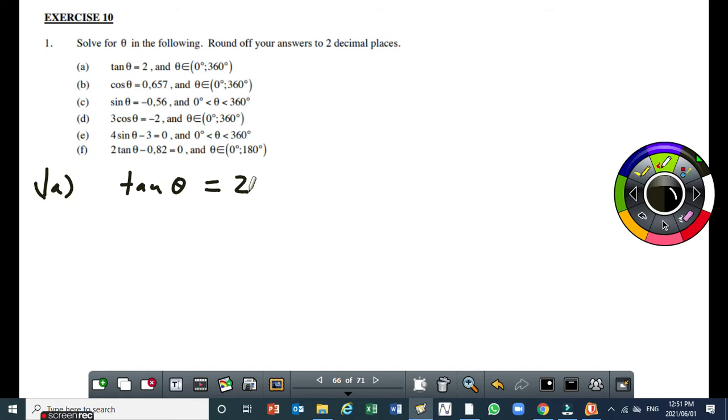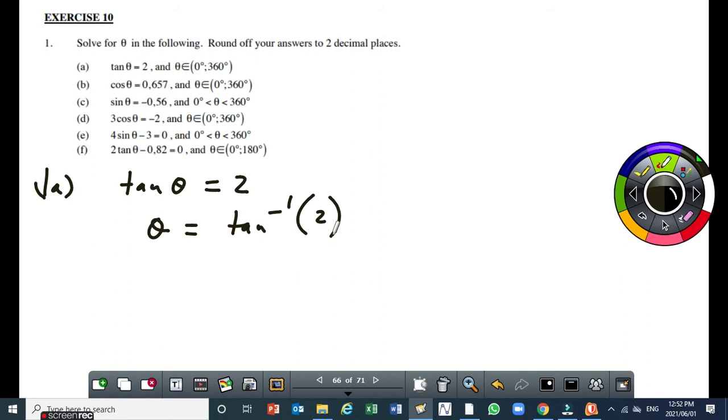Right? So this is a restriction which says theta lies between 0 and 360. So the first thing that you do, you drop the tan and then you say theta equal to shift tan of 2. Or in actual fact, in mathematics this is pronounced as arctan. Okay, I know that as teachers we just say shift tan, that's on the calculator.